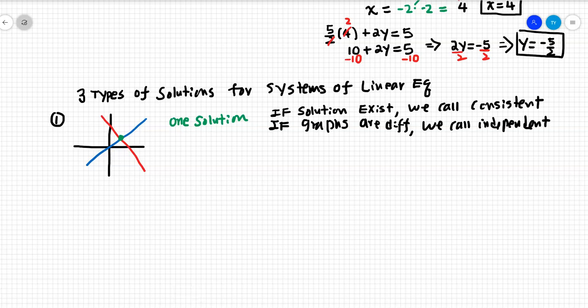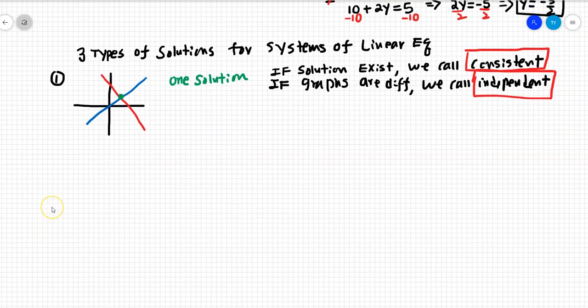So consistency and independence are the 2 things that we're going to have to remember when we solve these different kinds of systems of linear equations. So if you have a solution, then we have a consistent system. If the graphs are different, then we call that independent. So that's the first one, one solution.